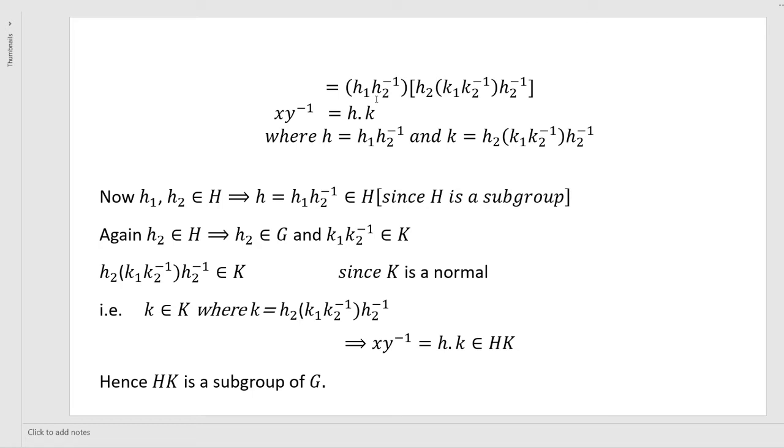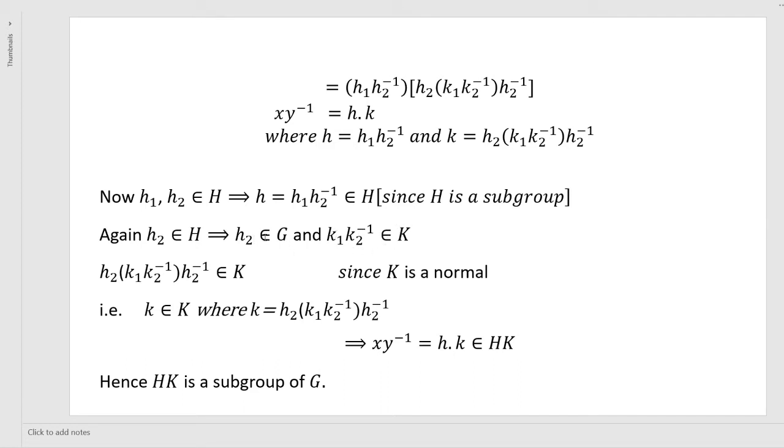Again, this element belongs to H. This element is called h and it belongs to capital H. Consider this one: H2 belongs to H. We know this, this element belongs to capital H. Obviously, this belongs to G because H is a subset of G. And K1 into K2 inverse belongs to K, because K is a subgroup: by the subgroup property, K1 and K2 belonging to K means K1 into K2 inverse also belongs to K.